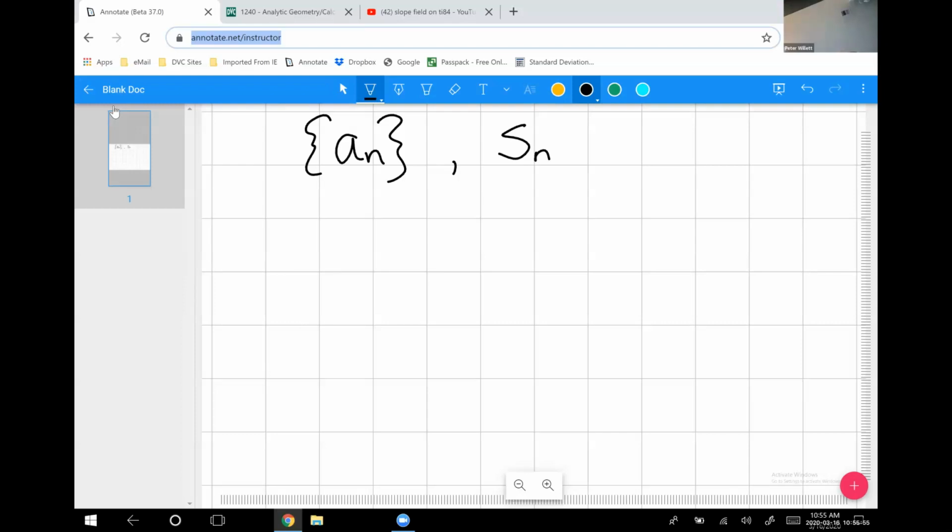And so since a sub n might be finite or infinite, s sub n might be finite or infinite. So we can have a finite series, as we just looked at an example of, with like 5 terms or 6 terms, or you can have an infinite series. So when we have an infinite series, then we are looking at the idea of whether that can actually result in a number or not.